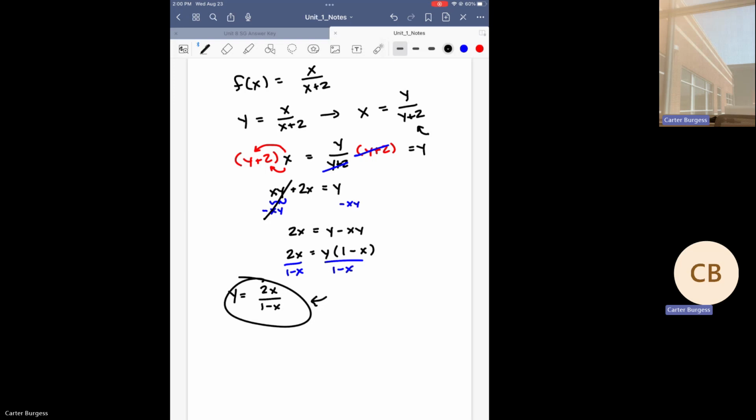And the thing to observe here is that we've gone from a vertical shift down 4 to a horizontal shift, which is kind of what you'd expect if your x's and your y's are switching. A horizontal shift should correspond to a vertical shift, or vice versa, which is exactly what we see.